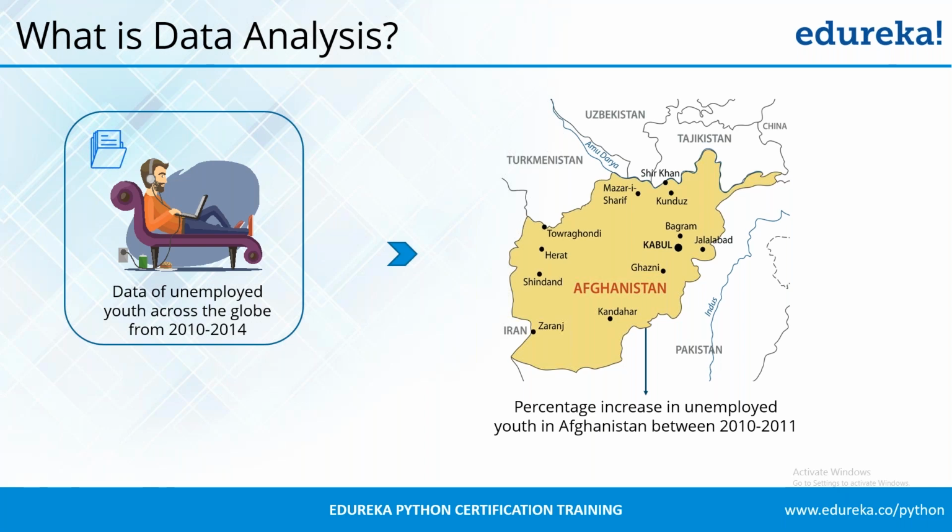So every possible device that we can think of is now generating data, right? And that's why there's a humongous amount of data coming in on a daily basis, every second as we speak, right?